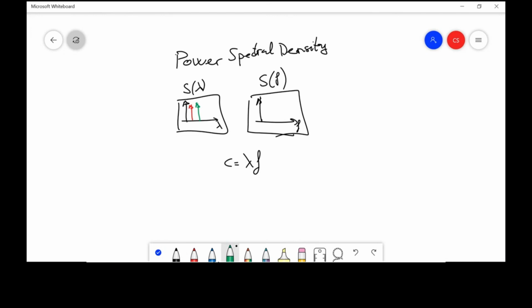But my eye is not able to distinguish those two deltas. And what I have is a kind of mixture of red and green that I perceive as yellow. But actually, the spectrum that is being emitted is this one.